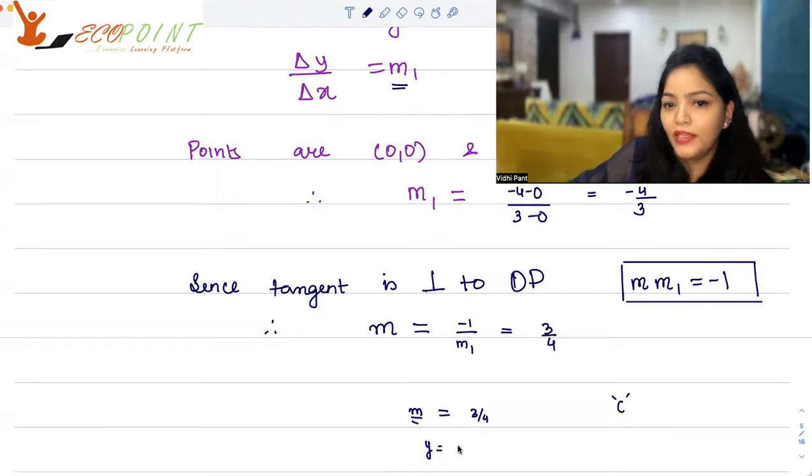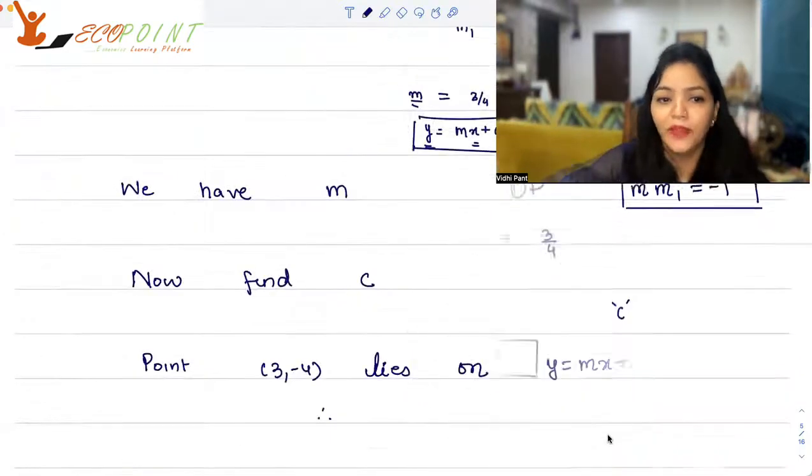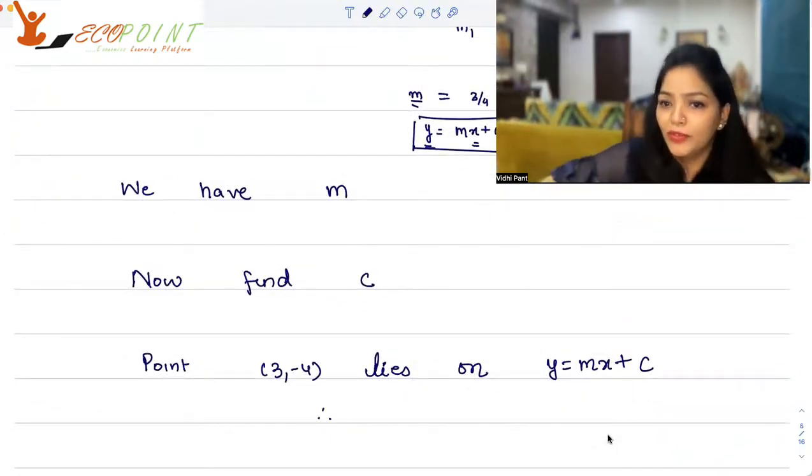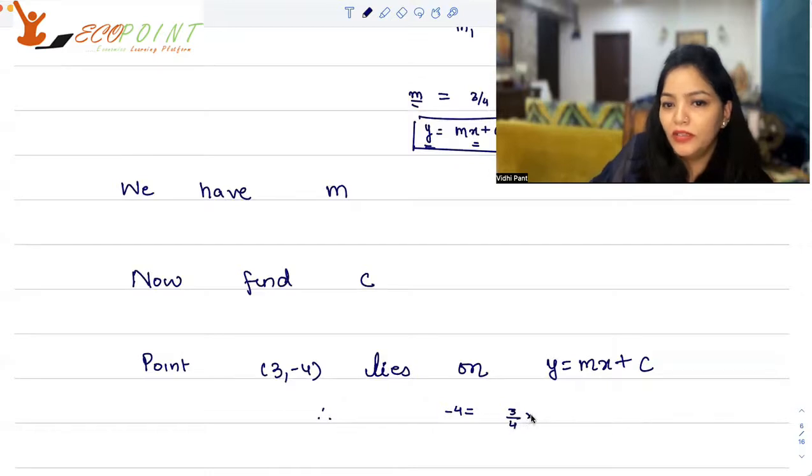It lies on this, and I have M. So I know y equals mx plus c, and I have x and y to put in this equation. When I put it in, I can figure out what C is. So let's do that. (3, -4) lies on y equals mx plus c, which means -4 is equal to 3/4 into 3 plus c.